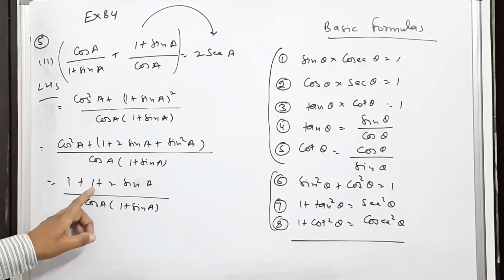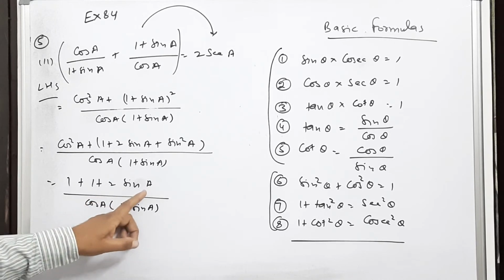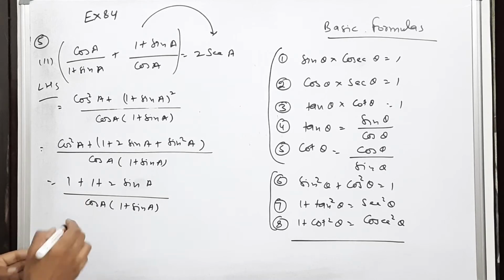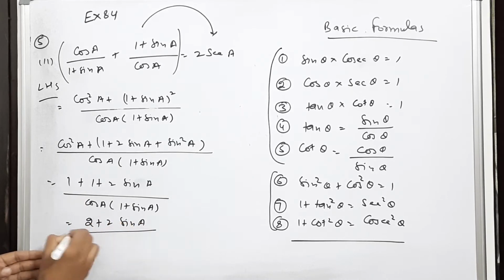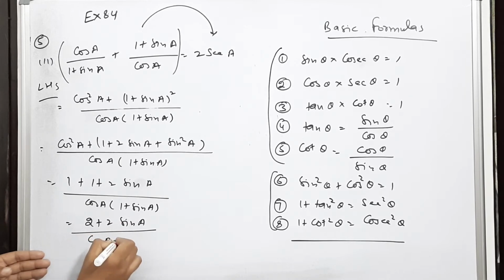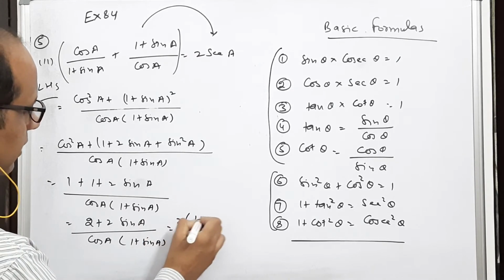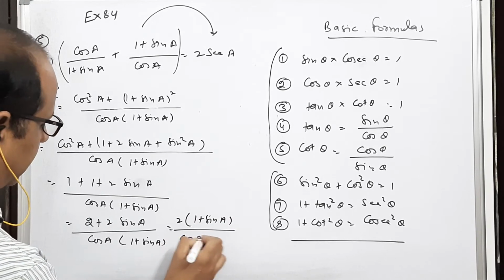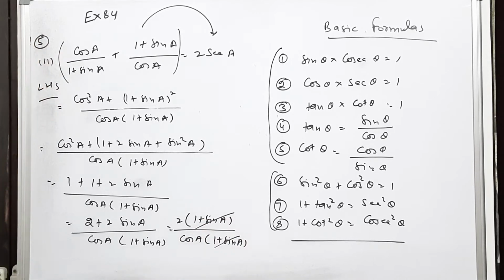Now you see 1 plus 1 plus 2. We cannot add like this because this 2 is with sin A. This is a different quantity. These two are like terms. So 1 plus 1 can be 2, plus 2 sin A upon cos A and 1 plus sin A. So now we can take 2 common, and it is 1 plus sin A upon cos A and 1 plus sin A. So this part and this part cancelled.